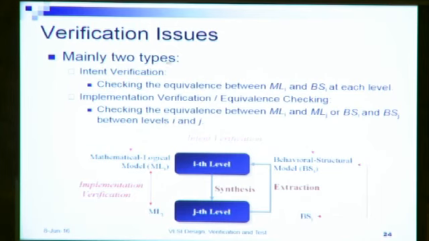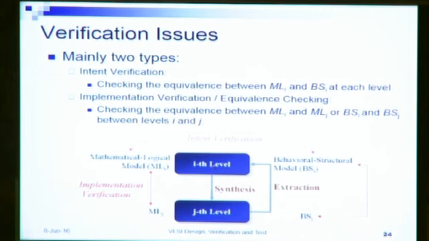There are two main types of verification that we can have. One is the intent verification, that is checking the equivalence between MLi and MLj at each level. This is with respect to the figure that we have here. The figure says that we have an ith level, and then through the synthesis process I come to the jth level. This is more structural with respect to the ith level.